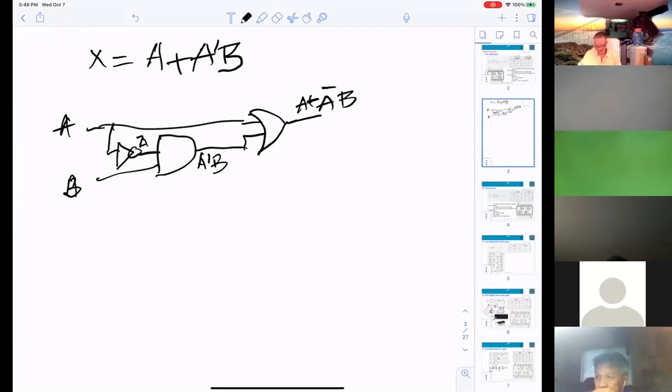Yes. Try to understand how to do it. You have to get NOT A and B, then you can get A OR NOT A and B.